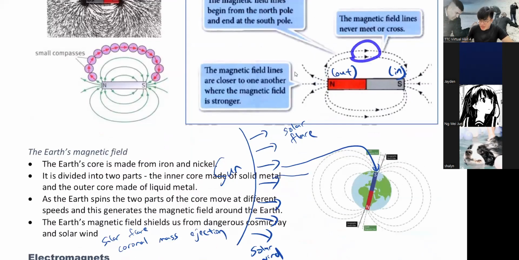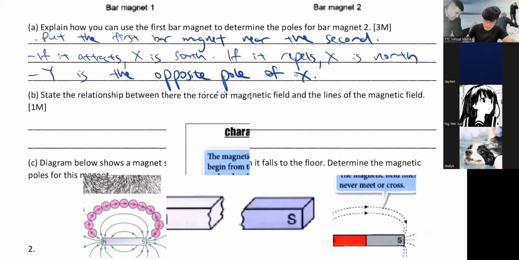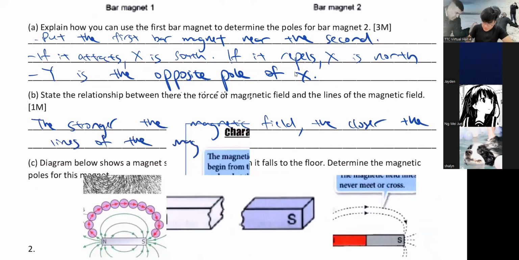Here the lines are very far apart, so the field is very weak. The stronger the magnetic field, the closer the lines of the magnetic field.